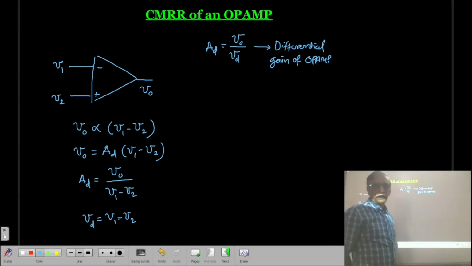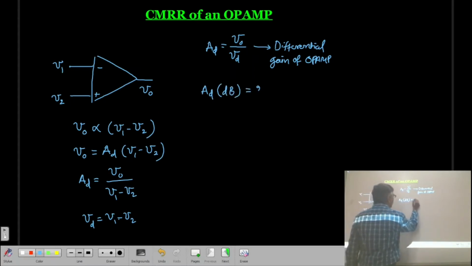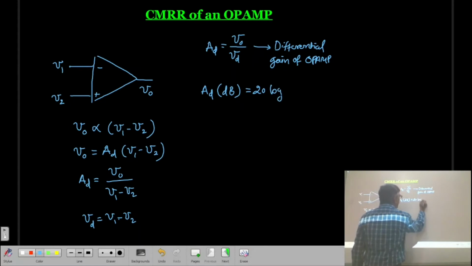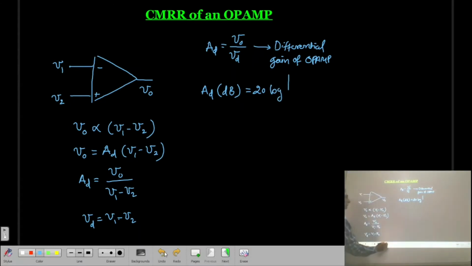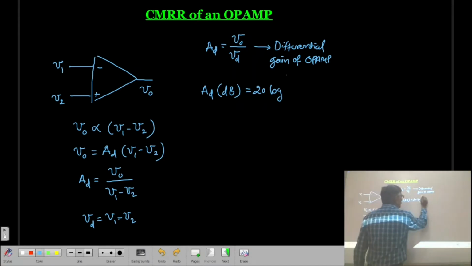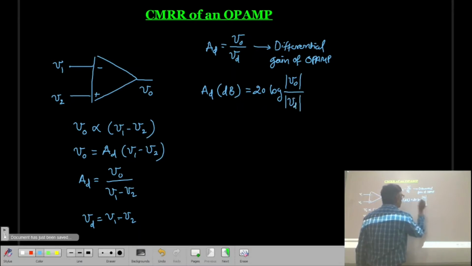operational amplifier. This voltage gain AD we can also represent in terms of dB. If I want to write it in dB, then it will be written as 20 log of the output voltage divided by the difference input signal.